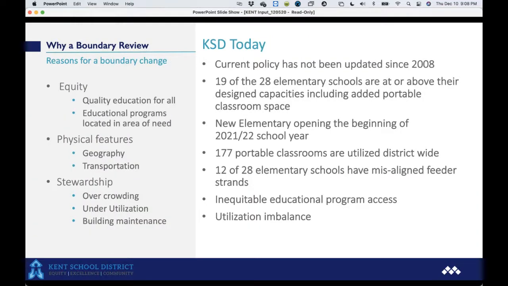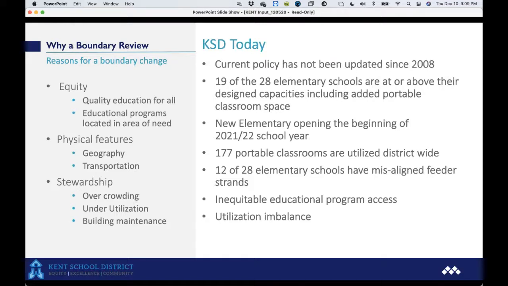So why boundary review and why now? Currently in the Kent School District, the policy has not been updated or reviewed since 2008. 19 of the 28 elementary schools are at or above their design capacity, and that includes the portable classrooms.